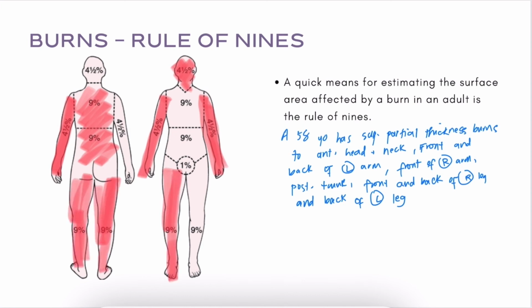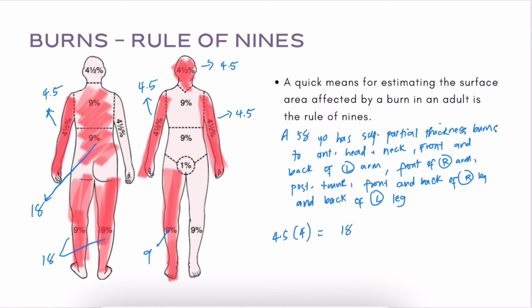So we put the values for each of those shaded parts, and when we add all of those, we result to a total of 63% total body surface area. So that is how we use the rule of 9. So that's how the diagram will look like or will be presented on, let's say, charts that you receive, for example.